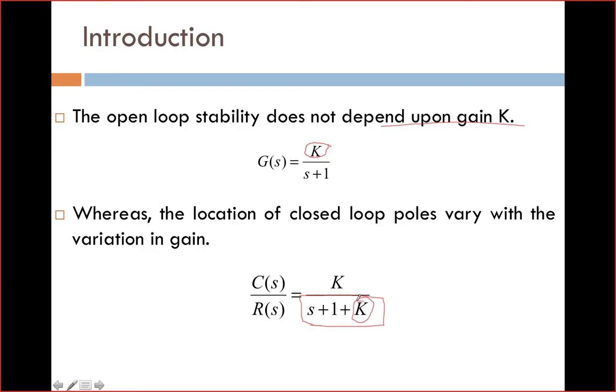Depending upon the value of k, the system may be stable or unstable. That is the problem. The location of the closed loop poles is very important. The location of closed loop poles varies with the variation of gain. If k varies, the location of the pole will also vary.